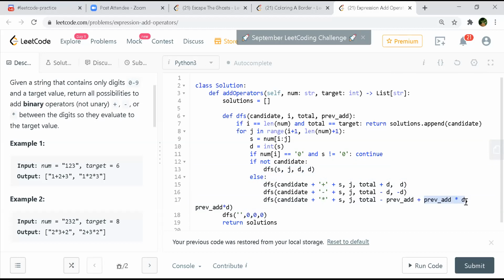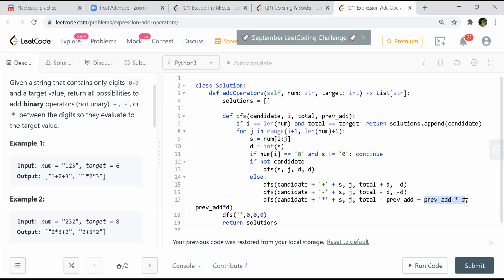Actually that is what they do right here. For lines 15 and 16, if you look at D and minus D, which are passed in the last parameter, which is supposed to be previous_add, those are the two values you are passing, because your current operations are plus and minus.